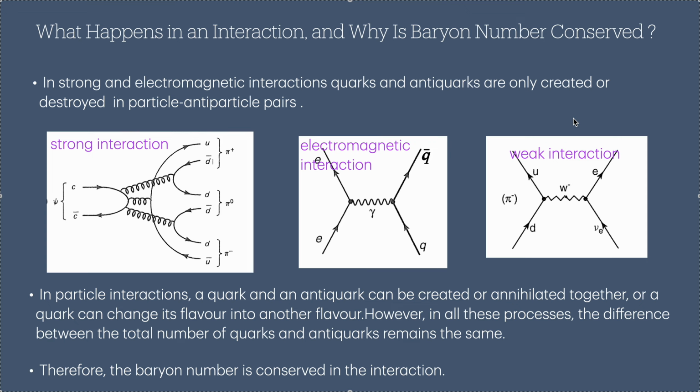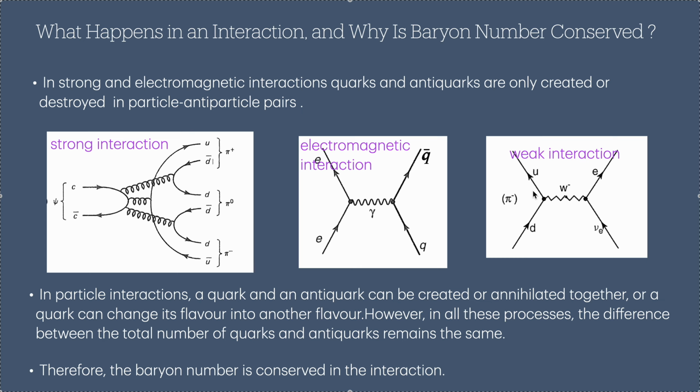Similarly for particle-antiparticle annihilation. Another possibility is that a quark goes to another quark; in weak interaction, a quark could change its flavor, let's say from up to down with the W boson, but the quark number here is not changing. And it is possible that u and d bar, for example in proton decay, could annihilate to give a W boson. Here also the difference will not change.